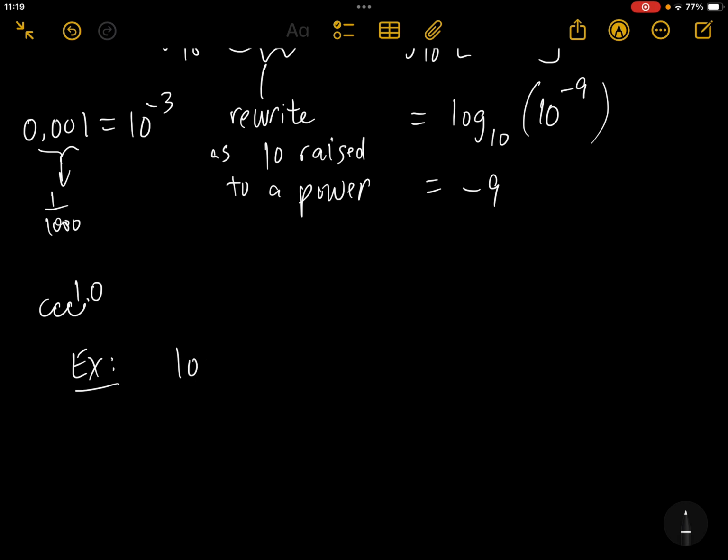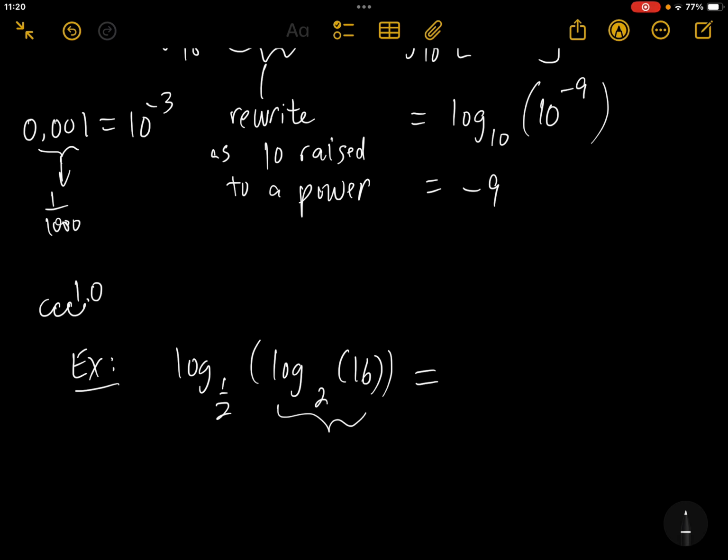How about log sub 1/2 of log sub 2 of 16? Take a moment and try to figure out what this is. First we need to figure out what log sub 2 of 16 is, and then what log sub 1/2 of that is.